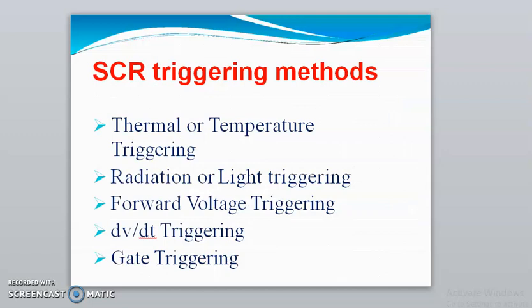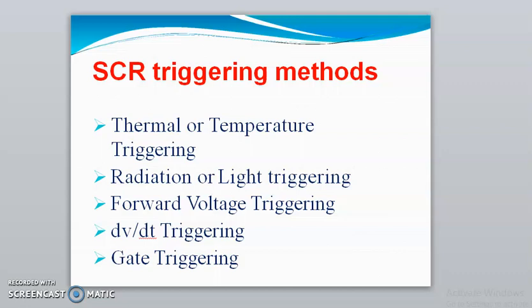Now what are the different triggering methods of SCR? The first is the thermal or temperature triggering. The second is the radiation triggering. It is also known as the light triggering. The third one is the voltage triggering.